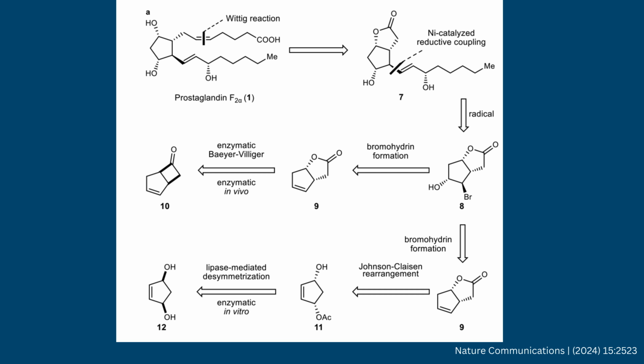This approach identifies a bromohydrin intermediate as a radical analog of the Corey lactone. The bromohydrin can be readily synthesized from a chiral lactone using N-bromosuccinimide in aqueous conditions.